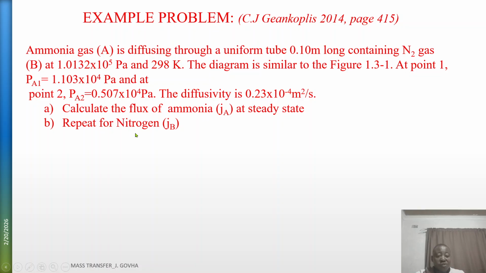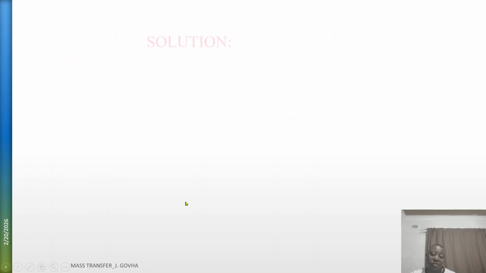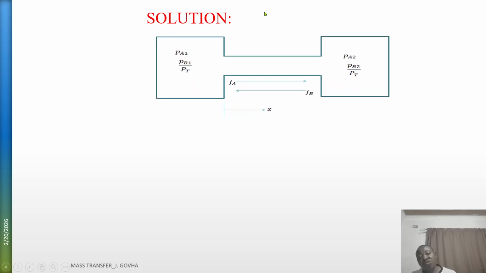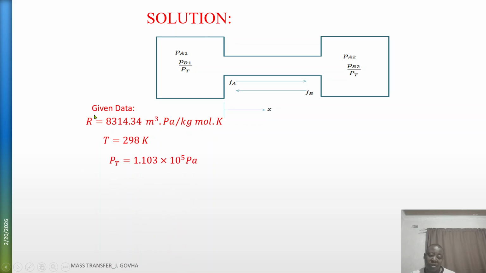This question says to calculate the flux of ammonia JA at steady state, and then repeat for JB, which is for the nitrogen. So for our solution, with our diagram, the data indicated is our gas constant, temperature, total pressure, PA1, PA2, and PB.